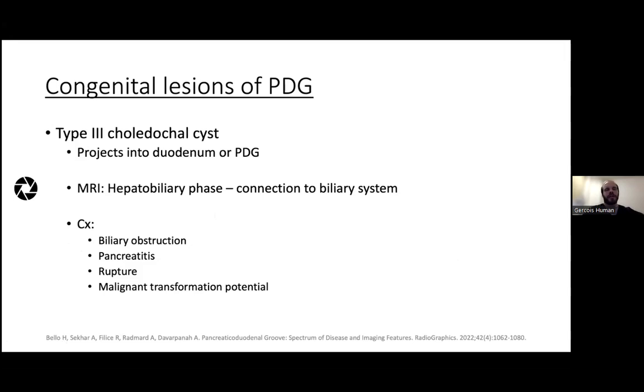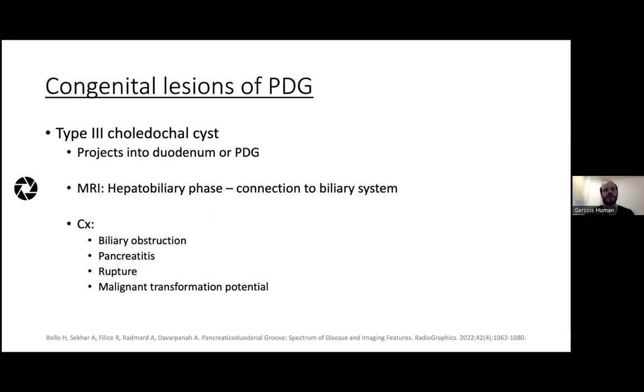Type 3 choledochal cysts, if they're below the cystic duct, can often project into the duodenum or into the groove, which can mimic or keep one wondering. The best way, they say, to make sure is on an MRI, on a hepatobiliary phase imaging.